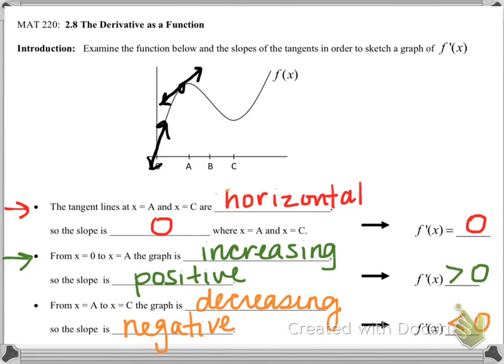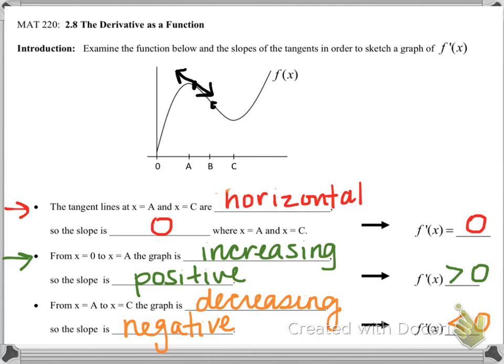Then, back to our original graph, if we take a look at my tangent lines, I had a horizontal tangent line there, which was a slope of 0. Now if I keep moving, I start to have tangent lines that have a negative slope.